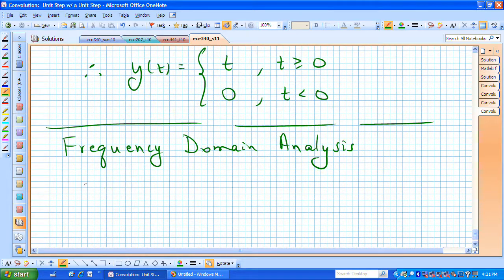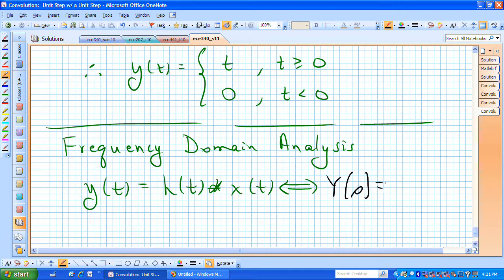In the time domain, y of t is h of t convolved with x of t, where h is our impulse response and x is our input. We can think of that in the frequency domain as a multiplication of the transform of h of t, which is capital H of s, and the transform of x of t, which is capital X of s.